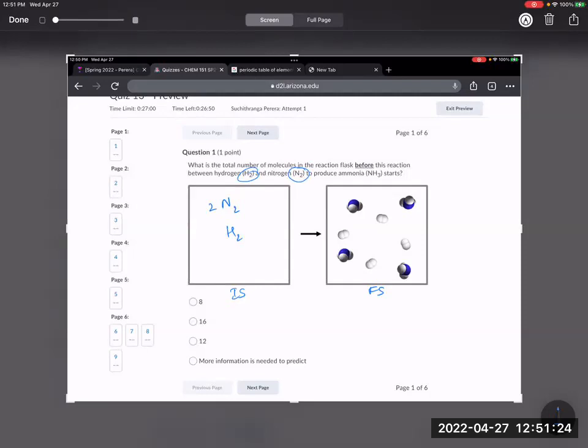And when it comes to hydrogen, we have 4 NH3 molecules, giving us 12 hydrogen atoms, and then we have 4 is 2 molecules, meaning 8 hydrogen atoms. Altogether, we have 20, meaning we have 10 H2 molecules. Altogether, we should have 10 plus 2, 12 molecules in the initial state. The answer is option C.